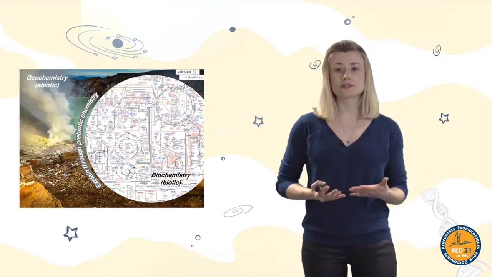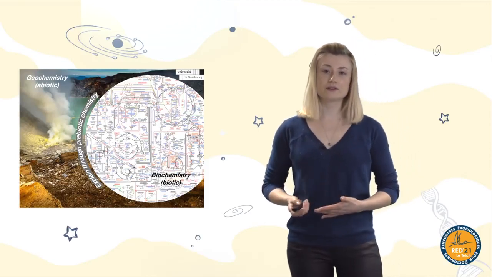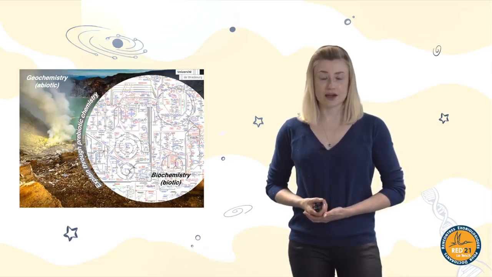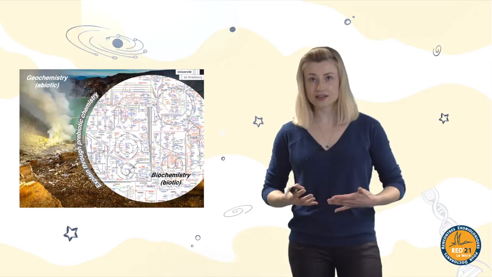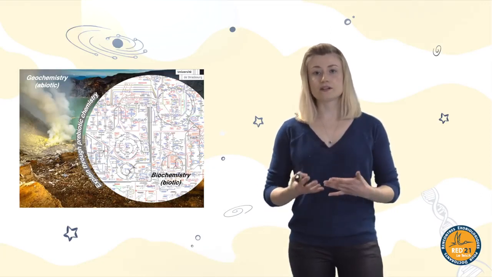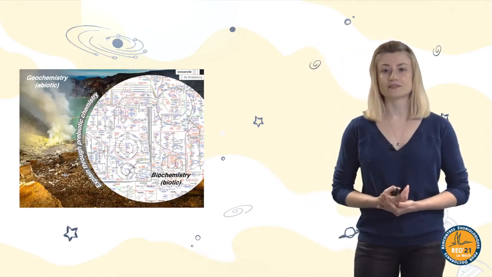So in other words, the specific question that we are trying to answer is how the geochemistry, which you have depicted on the left-hand side of the slide, underwent chemical processes such that allowed it to self-organize and become something that you have in this circular part of the slide.